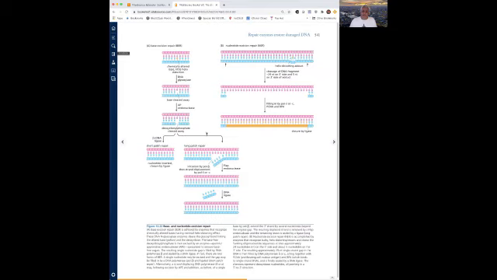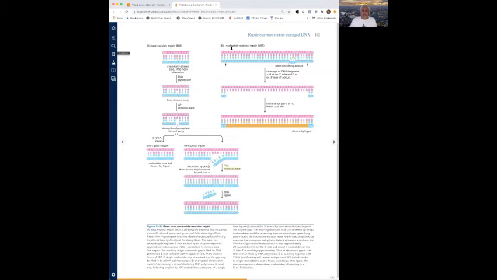An alternative mechanism, because there are multiple repair mechanisms running around, would be to do a long patch repair, where the DNA is cut a significant distance apart, and a patch of backbone, single-stranded DNA, is removed and then repaired in its entirety. This is called flap endonuclease. You would have come across FLAP in your genetics course. Okay, so let's highlight that as something important. So there's FLAP endonuclease, right?